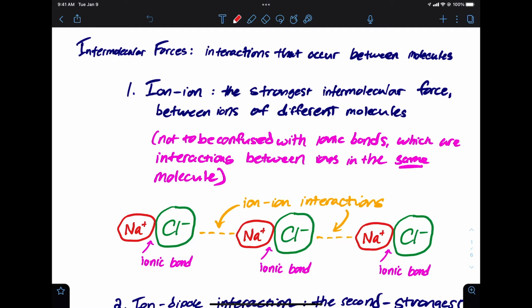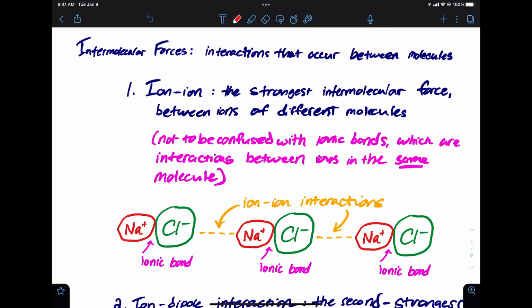So intermolecular forces. What are intermolecular forces? Intermolecular forces are, as you might guess from the name, interactions that occur between molecules. So forces of attraction. They could also be forces of repulsion, but since repulsion simply pushes away the molecules, they're not usually long-term effects.